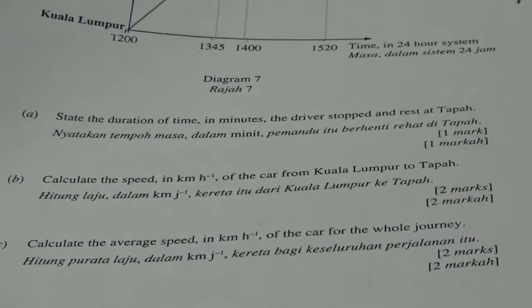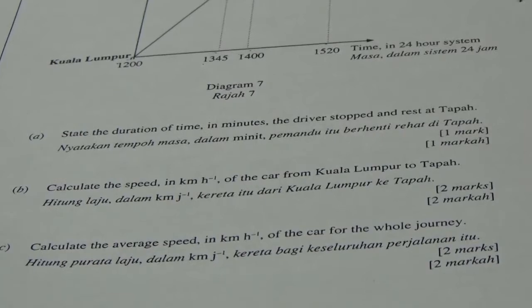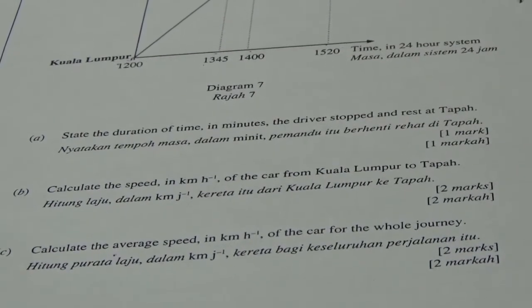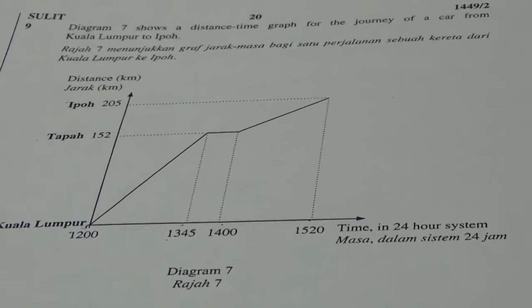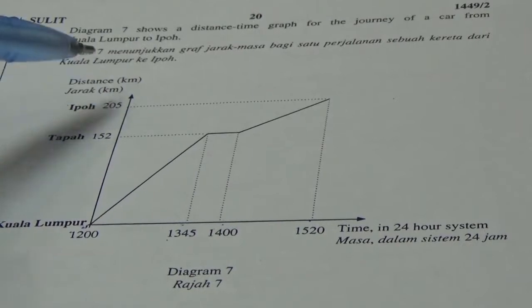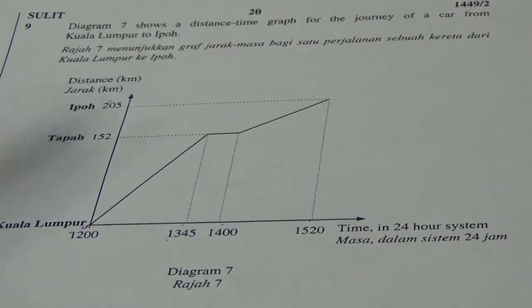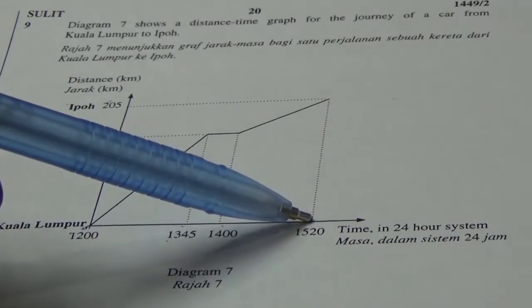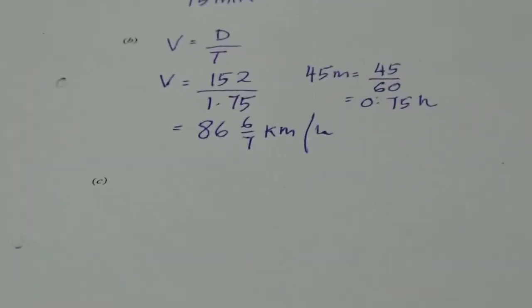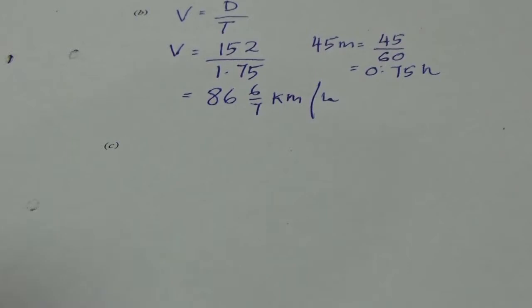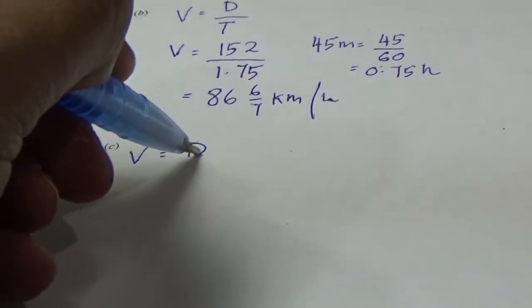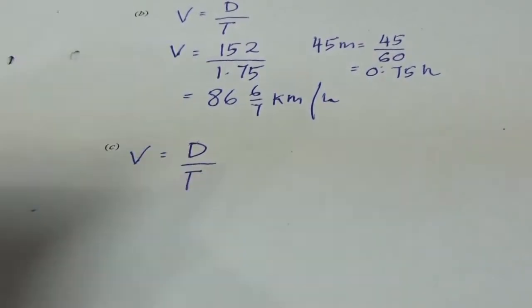Last part, C. Calculate the average speed in kilometers per hour of the car for the whole journey. So we look at the graph. The whole journey from Kuala Lumpur to Ipoh is 205 kilometers, and the time is from 12 to 3:20. So again, the formula for speed is distance divided by time.